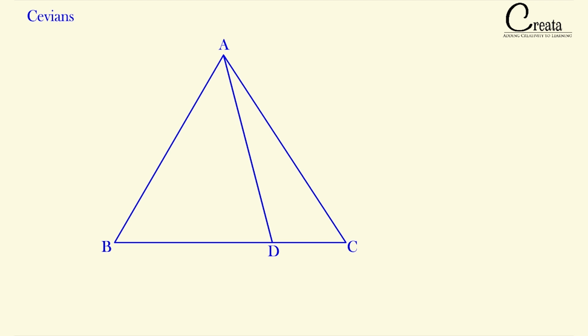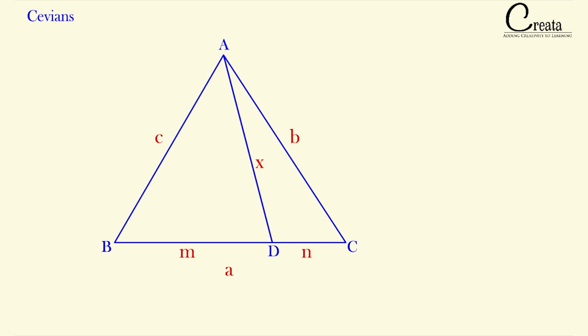Let's have the standard notation of the sides of the triangle as a, b and c. Further, let's denote the Cevian AD as x. This is x. Further, let's assume the Cevian AD is dividing the side BC into two parts, that is m and n. BD is m and DC is n.